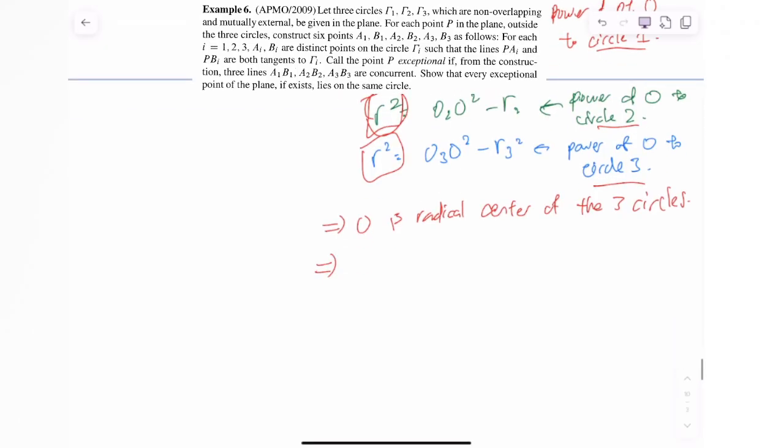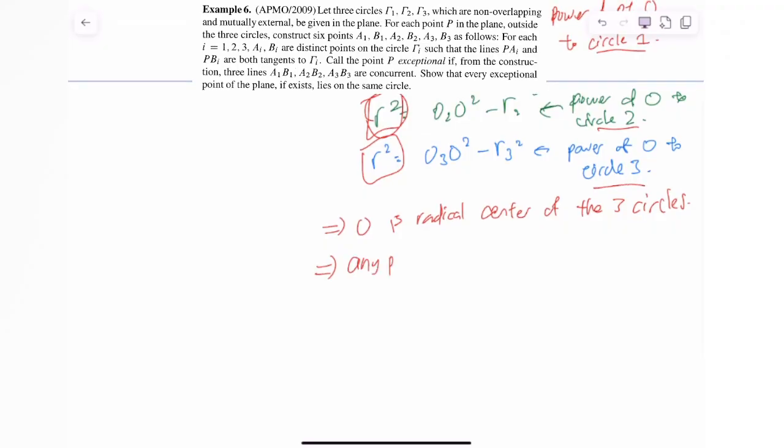Since the power of O to the 3 circles is independent of P, since there's just one value R here, hence any point that is distance R from O fits the criteria. Since we just want R squared, right?